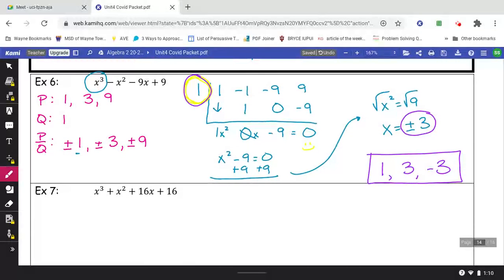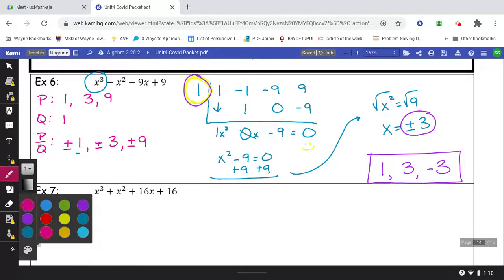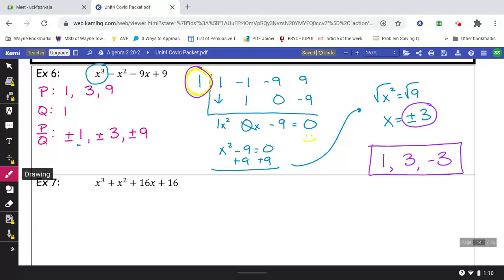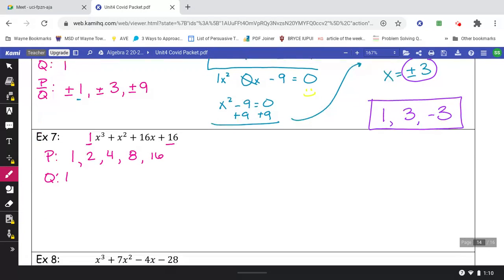Let's try the next one, example 7. We'll start by making our list of P's and Q's, the possible answers. P's, numbers that multiply to 16, 1 and 16, 2 and 8, and 4 times 4. Q's, again, notice that 1 right there. Remember what we can do with a 1.